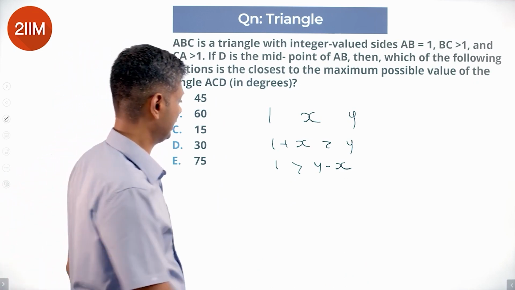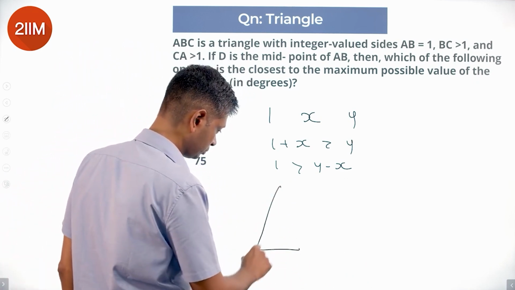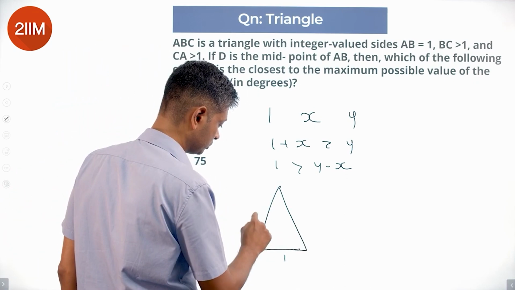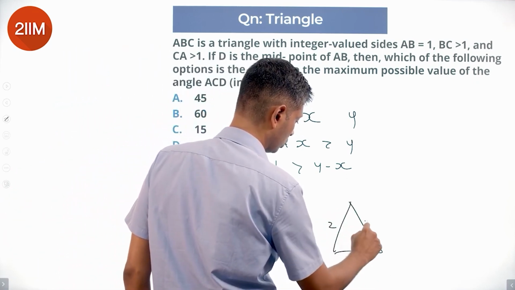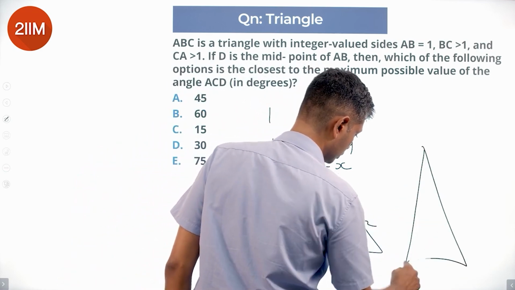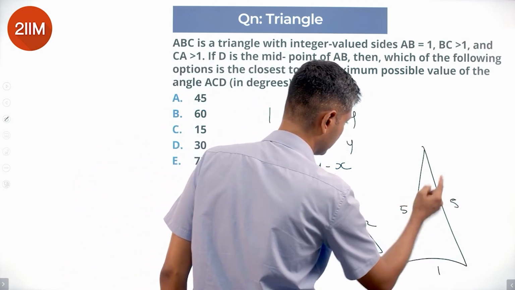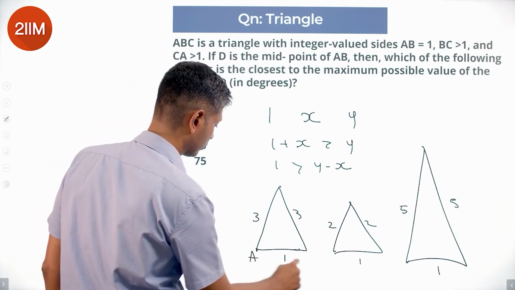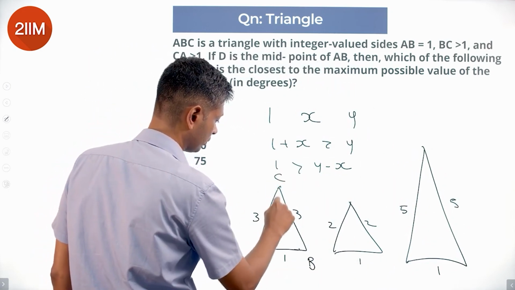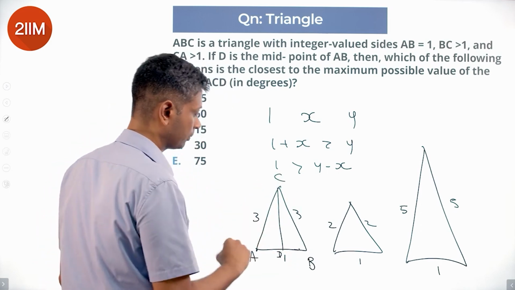And so we are looking at triangles where AB is 1, could be 1, 3, 3, 1, 2, 2, 1, 5, 5, something like this. AB is the base, C is here, D is here.